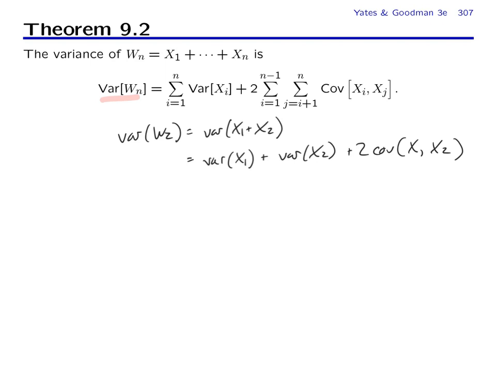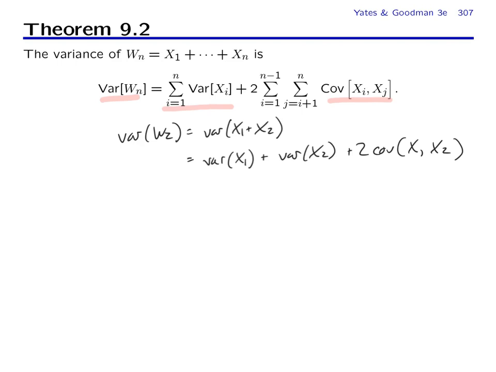In the generalization, we still have the sum of the variances, but now we have 2 times the covariance of each pair Xi and Xj. Another point to keep in mind is that this double summation is a little bit tricky to evaluate.